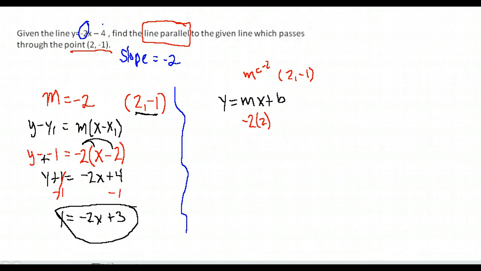The x from my point was 2. I don't know what b is. I know the y from my point was negative 1. And you can do it this way and find your b, and then write that down. Whichever you're more comfortable with works. So if this is totally confusing you, just close your ears while I finish.